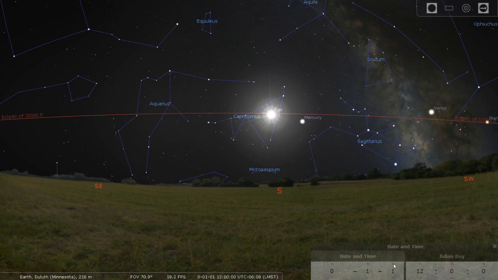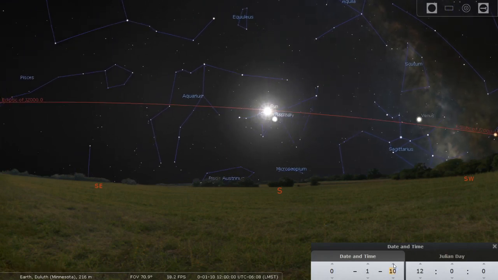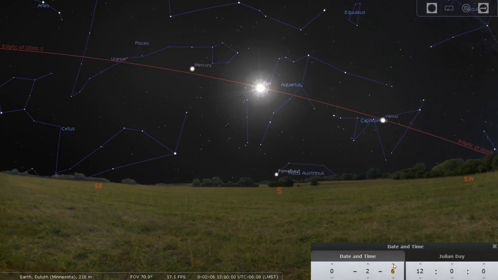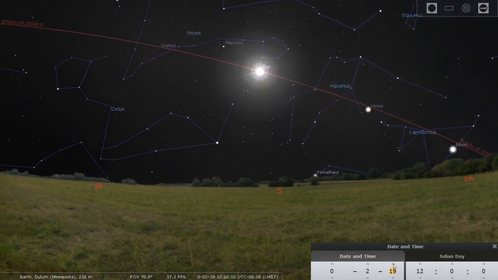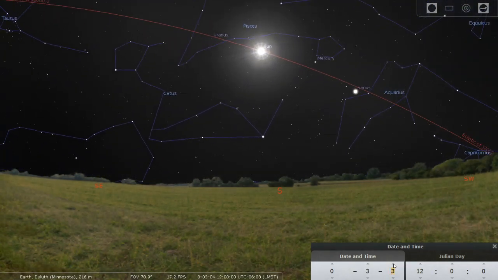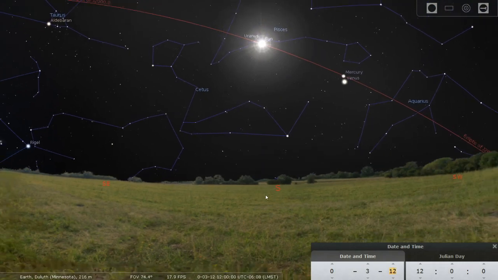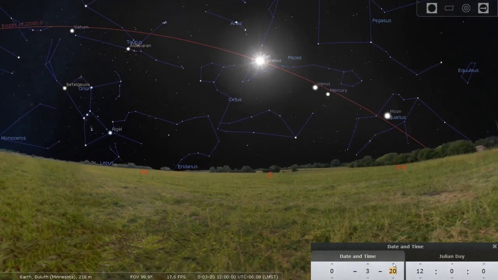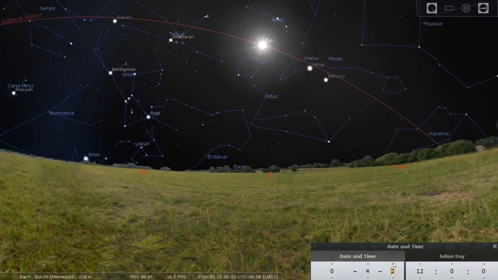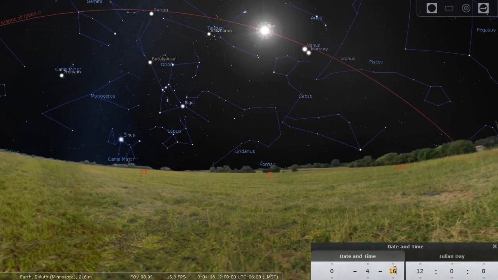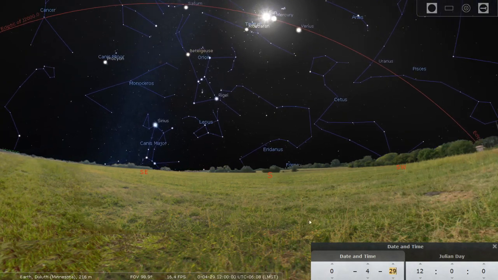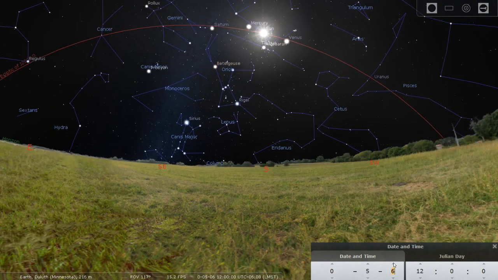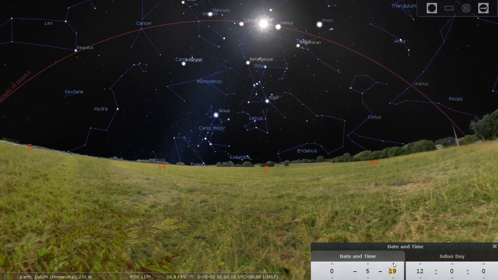I'm going to start this moving forward day by day, and we can see that each day the sun slowly moves eastward across the sky, passing through different parts of the sky. So this ecliptic line is pretty much marking the sun's path across the sky throughout the year.